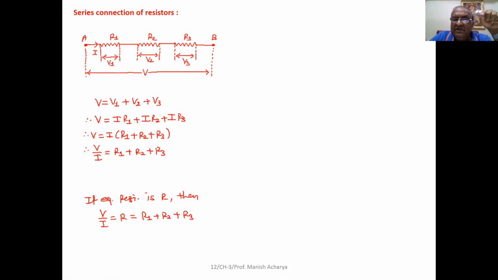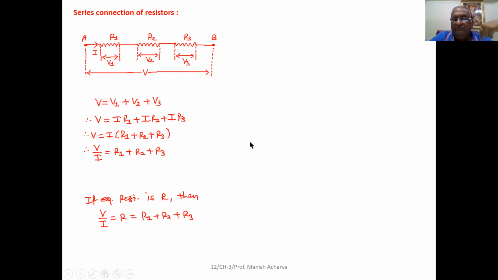Equivalent resistance means if these three resistors are replaced by any one resistor, and if the same voltage constitutes the same current in the circuit, then we can say the total resistance offered by this combination to the circuit and the resistance offered by that single resistance to the circuit, both are the same. This is the meaning of equivalent.